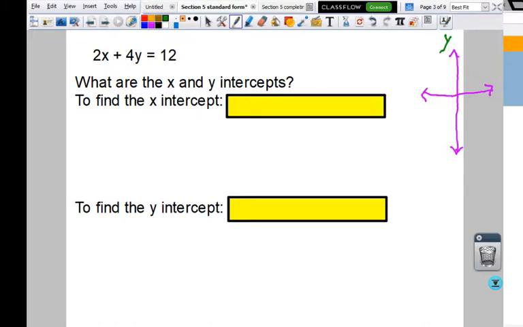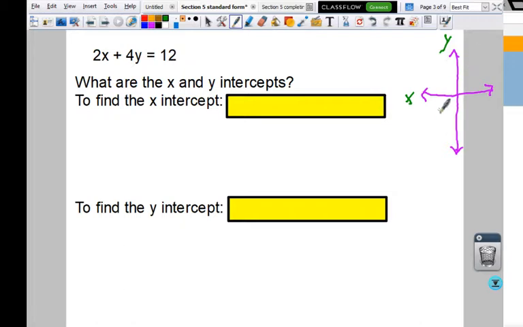What do you think the x-intercept is? If y-intercept is where it crosses the y-axis, what's the x-intercept? What axis is that? X-axis. Yep.